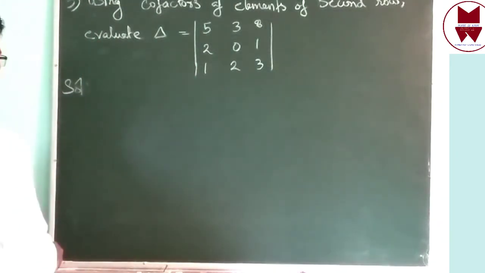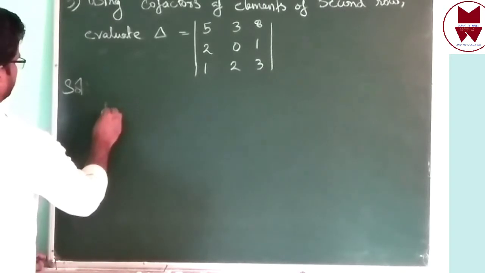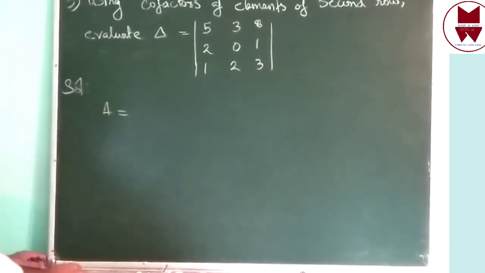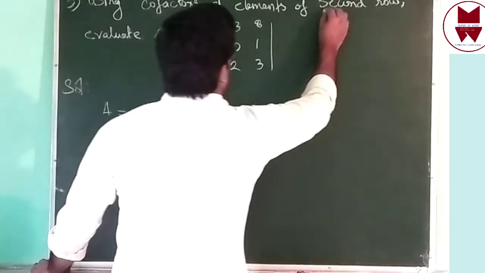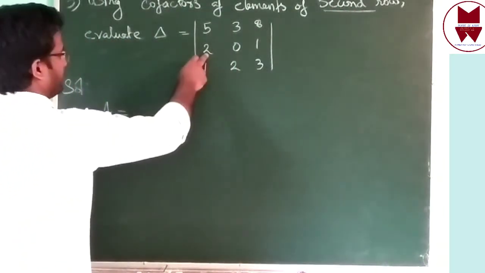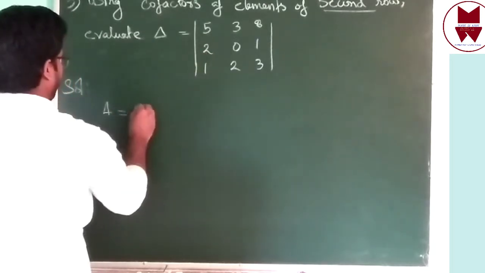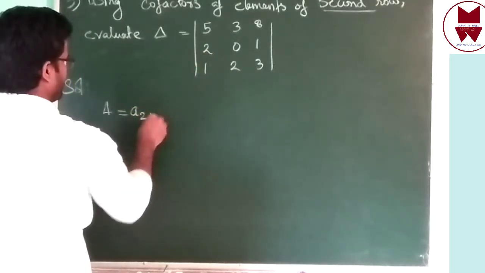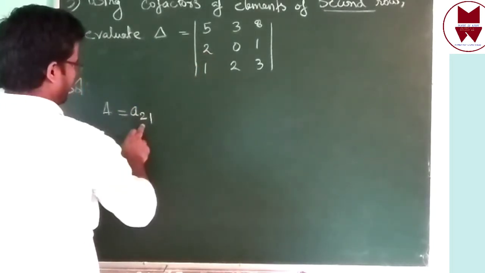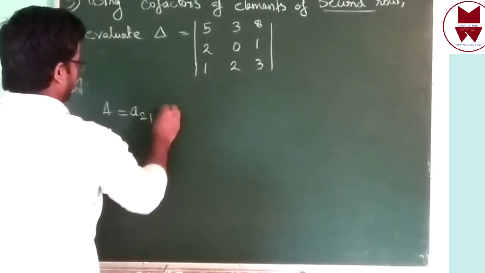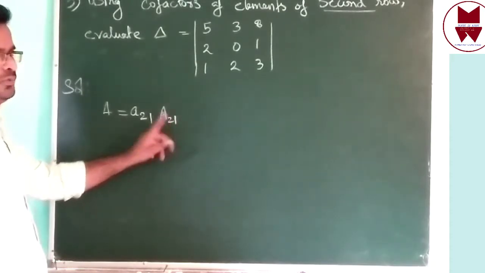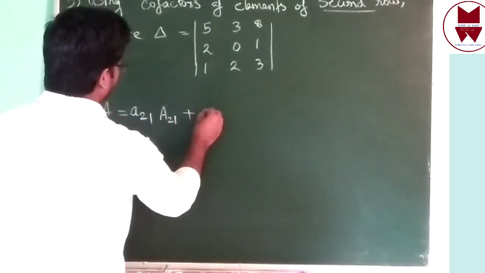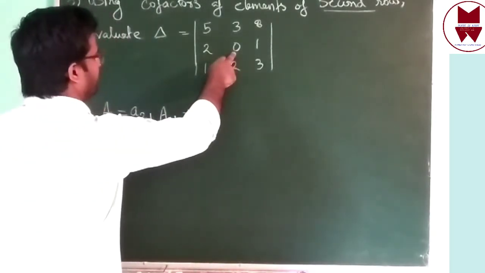Then how can we do it? Delta equal to, we will use the second row, isn't it? Already mentioned second row. That's why this 2. We can write A, second row first element, A21, that is cofactor of this 21, plus this element, which one?